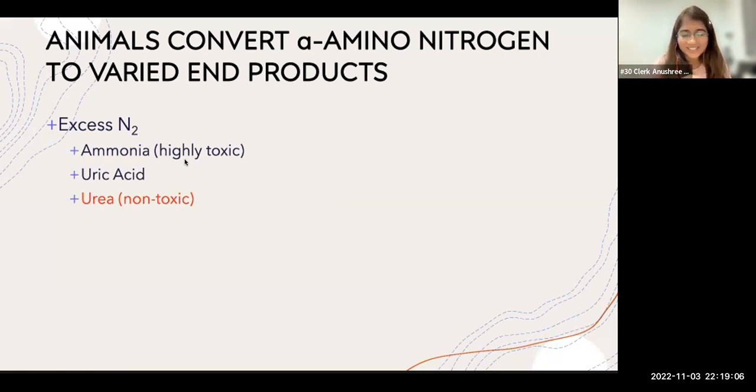Everyone clear with that? It's the simplified way of how I can put it for you. Because ammonia is highly, highly toxic, it cannot exist freely in our body until it is in the liver, because liver is the only place where the urea cycle can take place.